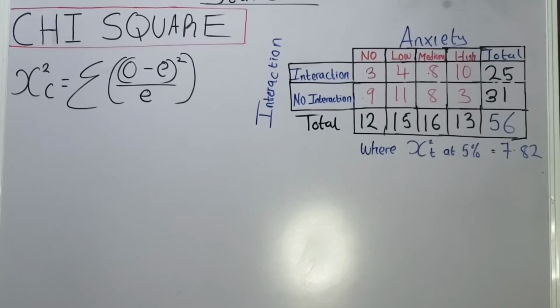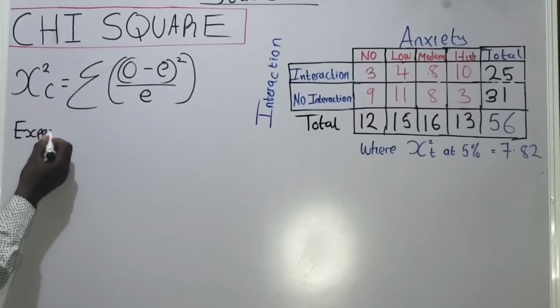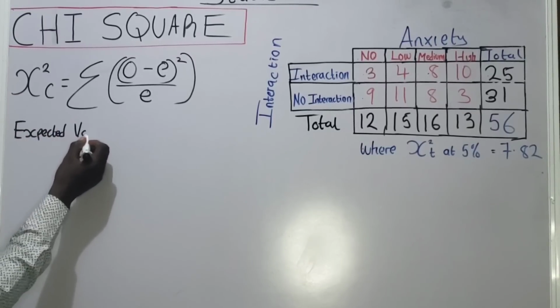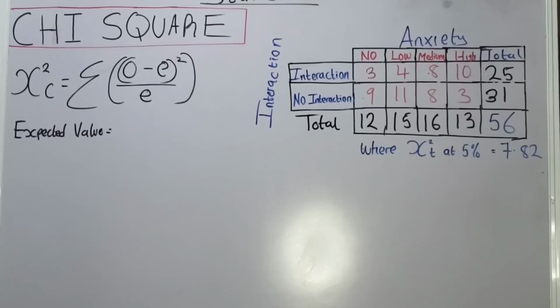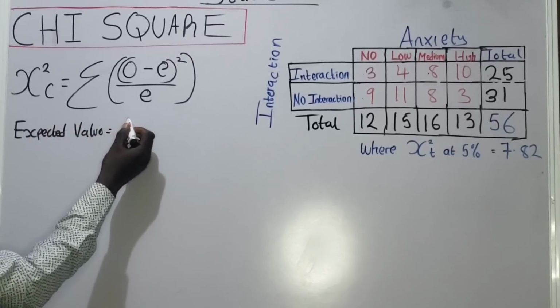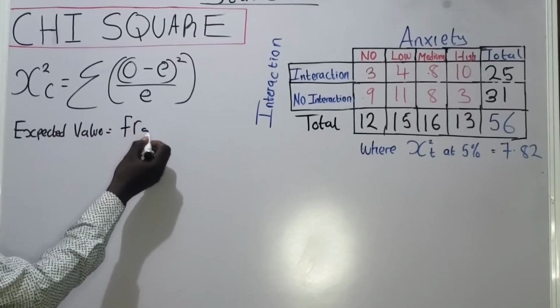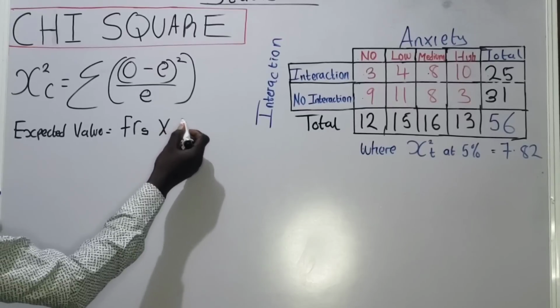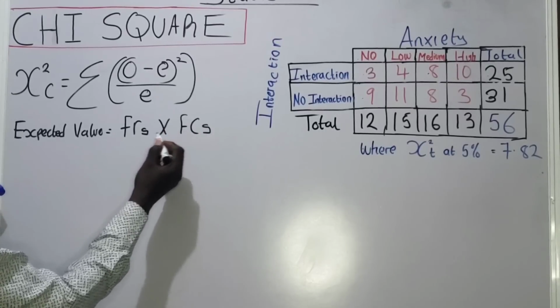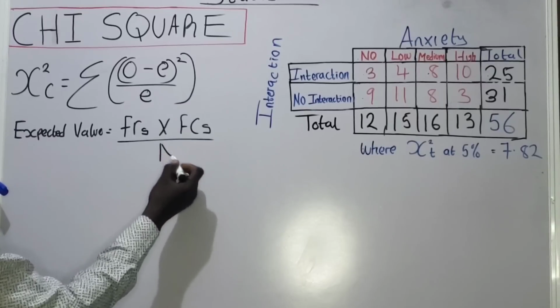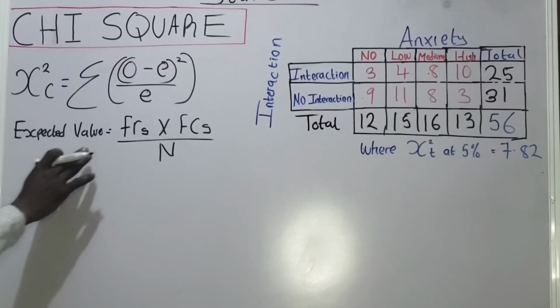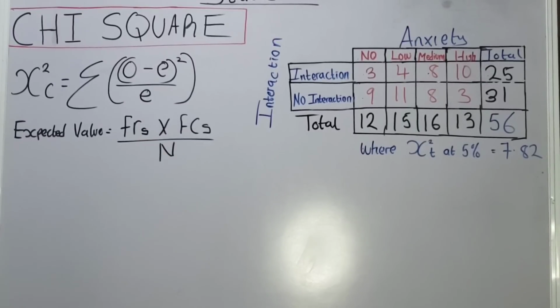Okay, let me just put it: expected value is equal to FRS multiplied by FCS all over N. I'm going to explain the meaning of FRS and FCS. Just master the formula. Expected value is equal to FRS multiplied by FCS all over N.